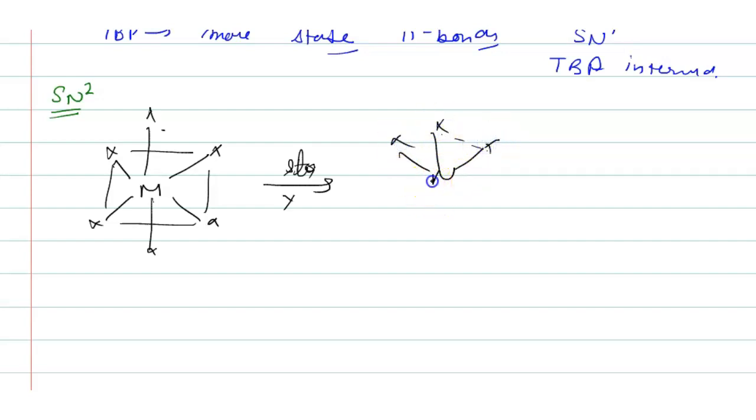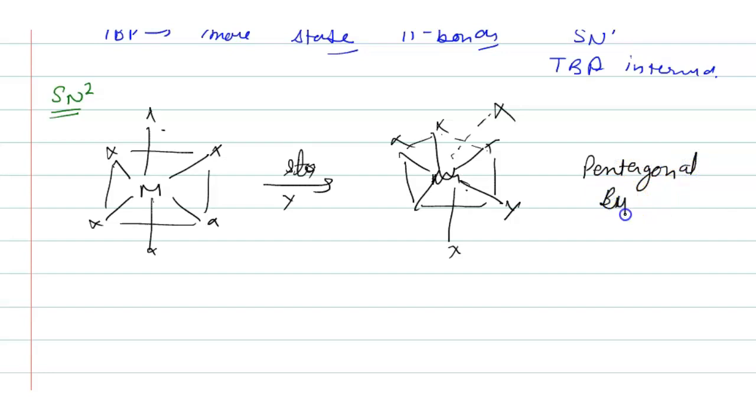Here is X and Y is added here. This is pentagonal bipyramidal. Here, in the formation of the pentagonal bipyramidal intermediate, there is movement of Y. This is an associative reaction. So an associative reaction is SN2.